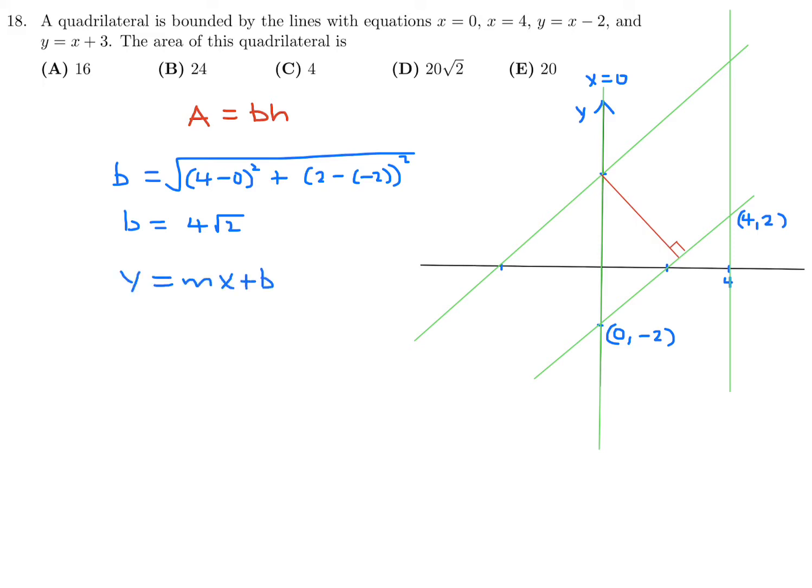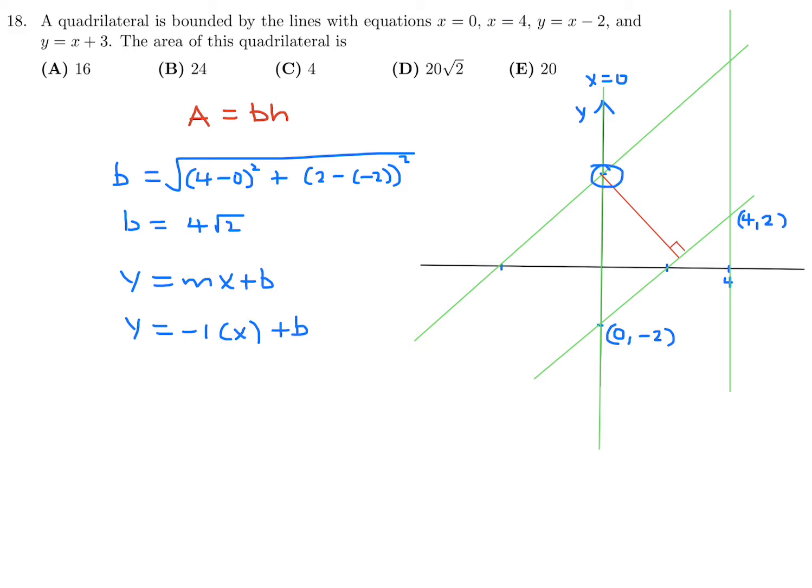Now this line is perpendicular to this line, right? And this line here has, what is it? y equals x minus 2. Yeah, so that has a slope of 1. So the line that's perpendicular has a negative reciprocal as a slope, which would be negative 1. So immediately we know that m is negative 1. And then b I can get by substituting any point.